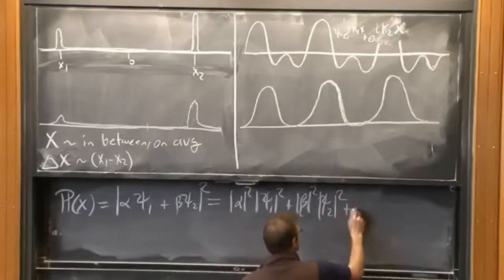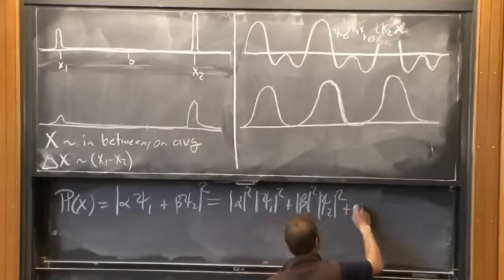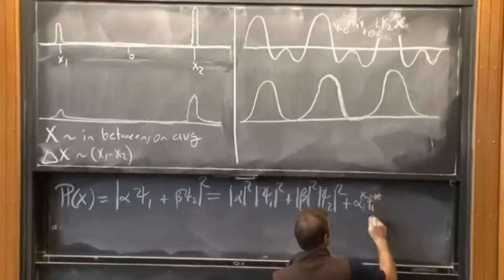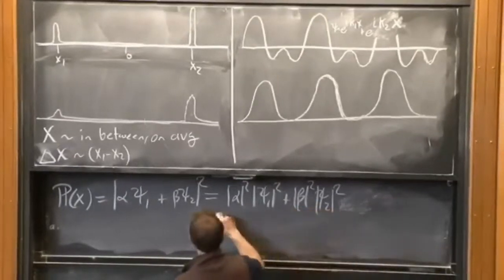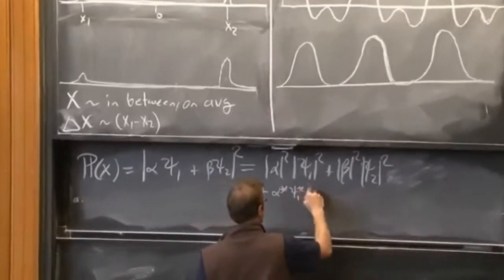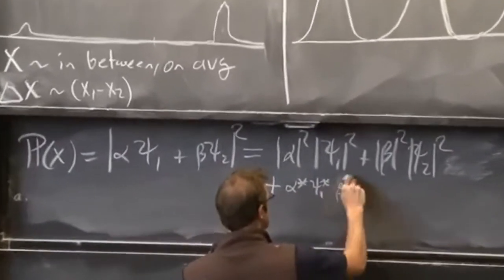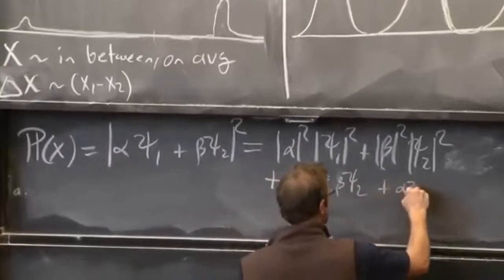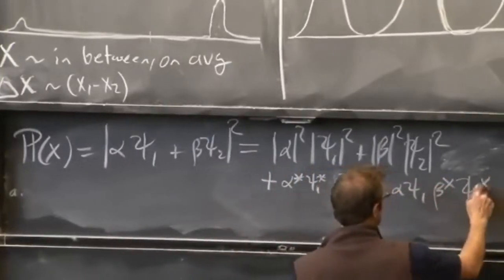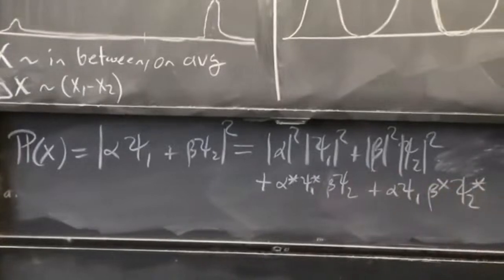plus alpha star psi1 star beta psi2 plus alpha psi1 beta star psi2 star, where star means complex conjugation.